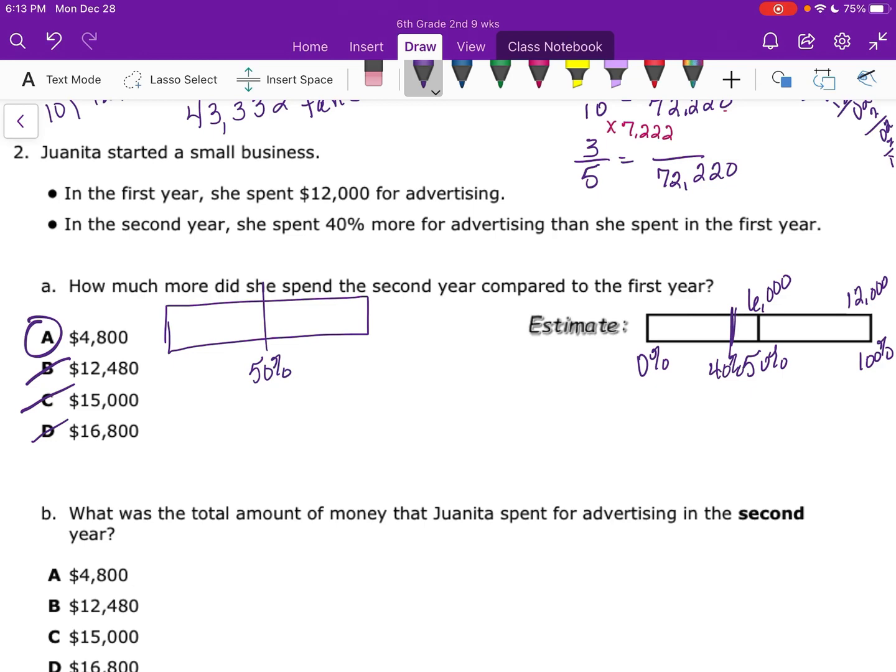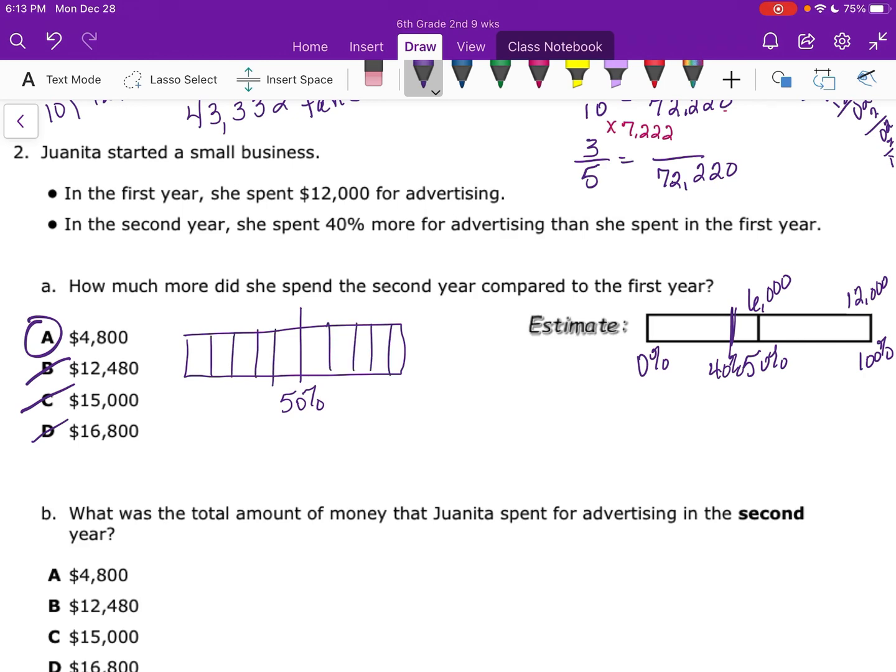So you draw your percent bar, you do 50%, and then you draw 4 lines on the, I need to draw this bigger, hold on. So you draw your rectangle, you draw your 50% line in the middle, and then 4 lines on the left and 4 lines on the right.